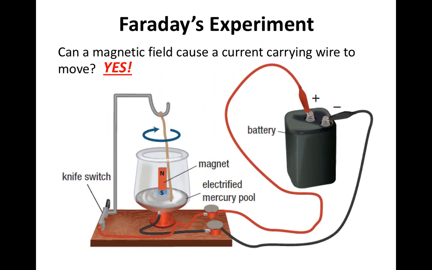So in this setup, notice that there's a switch here, and if that switch is closed, there is a closed circuit loop if you include the liquid mercury.